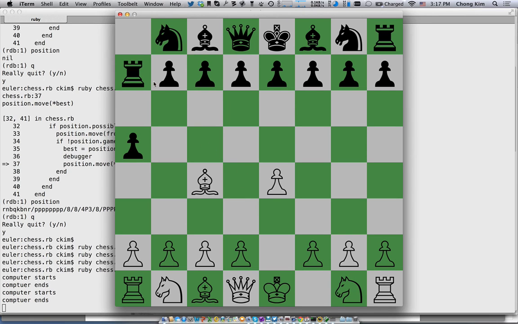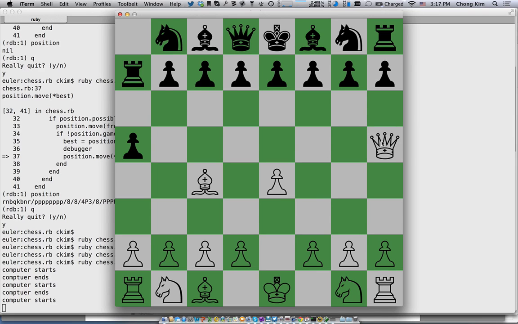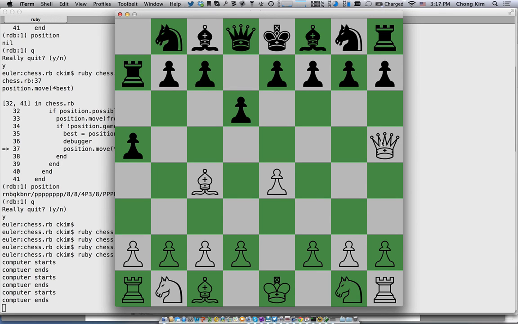All right, so you can tell that the computer is not very smart. Okay, and it looks like it tried to avoid a checkmate. I wonder if that's real.